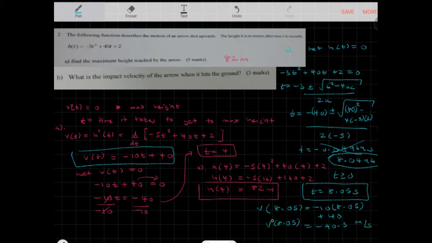This is your impact velocity and it occurs at 8.05 seconds. The negative just implies that the arrow is moving downwards. A positive sign implies the object is moving up, and a negative sign means it's going down. So the impact velocity here is negative 40.5 meters per second, or you can just say 40.5 meters per second.